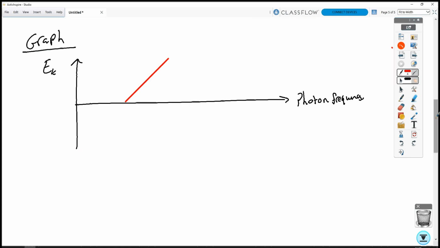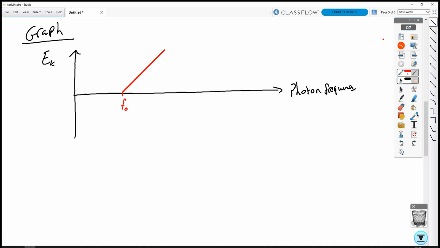Now, this point here, where it intersects the x-axis, at that point we have zero kinetic energy. So that frequency is called the threshold frequency. So this is f0 for the red line. If we did the same experiment for a different metal, we will get a line that looks like this.